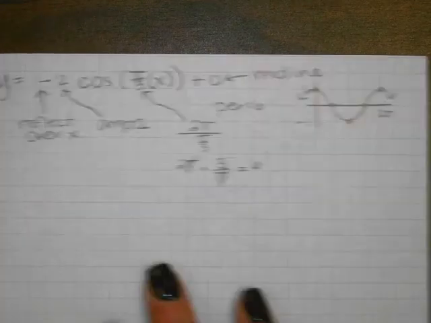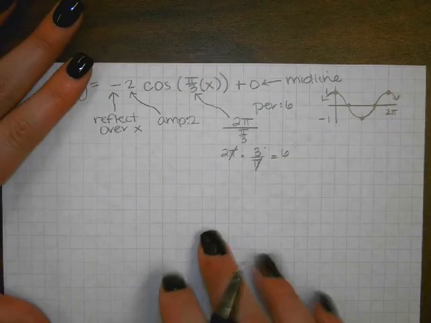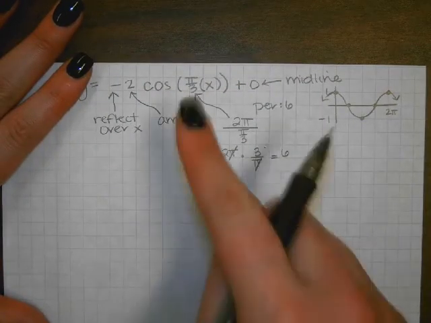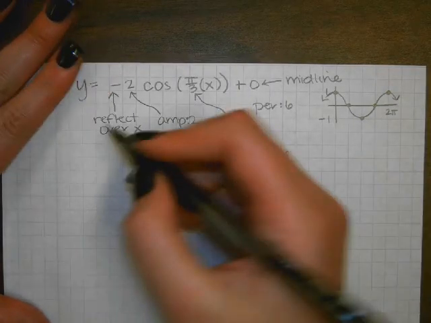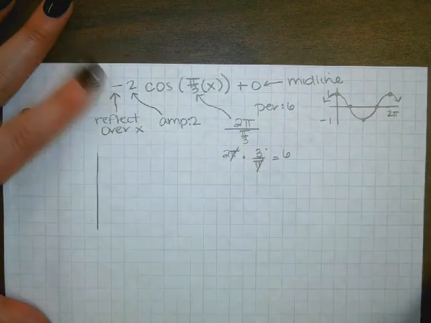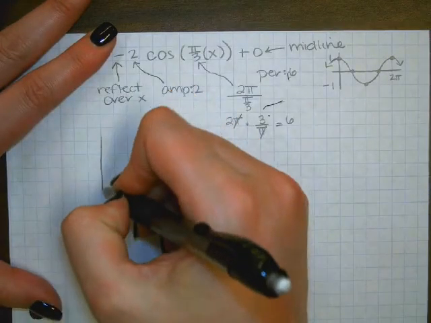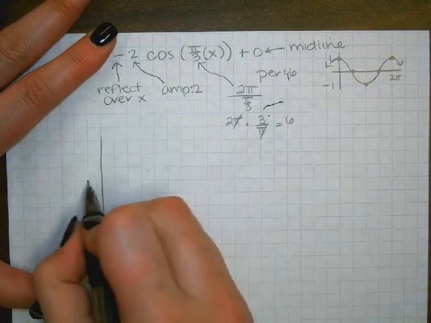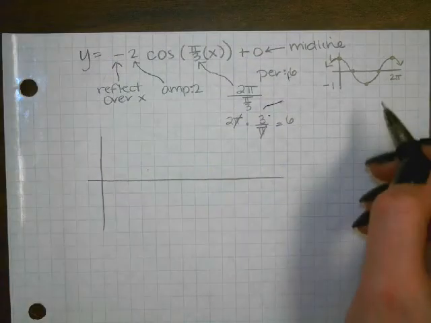Okay, so now I have to draw my axes so that they make sense for the numbers that I have. I have to make sure that I have room to go up and down by 2, and I have to make sure that I can draw a period of 6. I drew that way too high. And like I said, I like to do sets of 4 boxes.